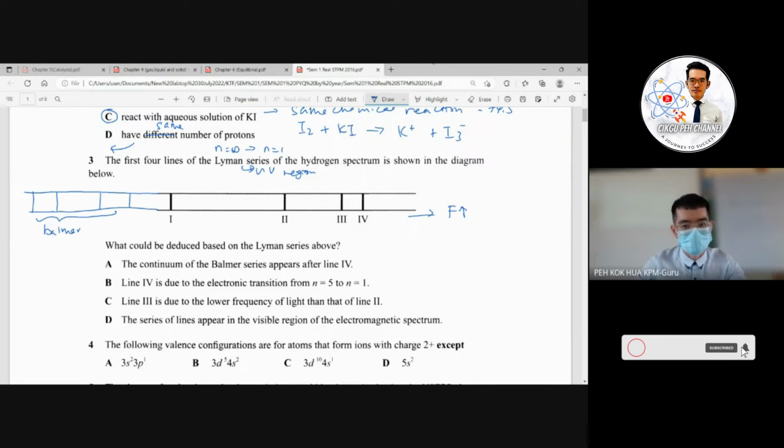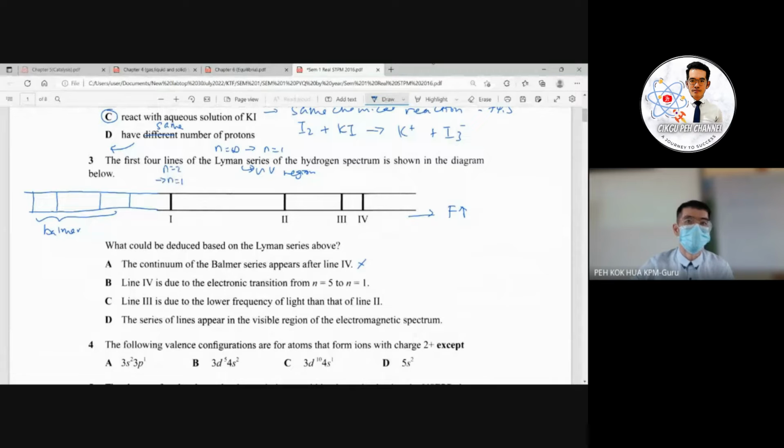So statement A is wrong already, because the Balmer series is actually before line 1. Then line number 4 is due to the electronic transition from n equal to 5 to n equal to 1. For the first line, it appears when n equal to 2 to n equal to 1.